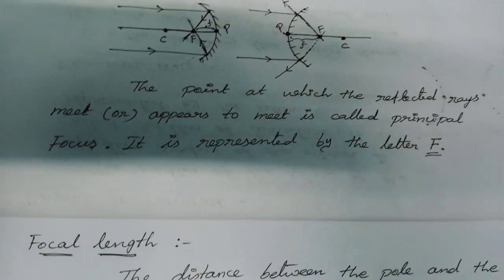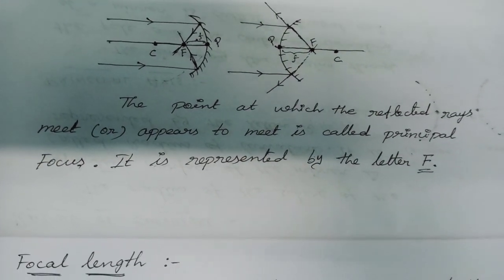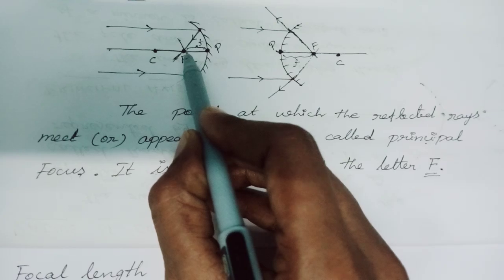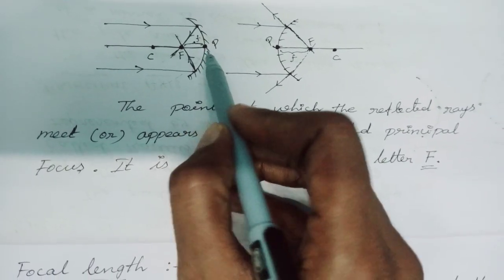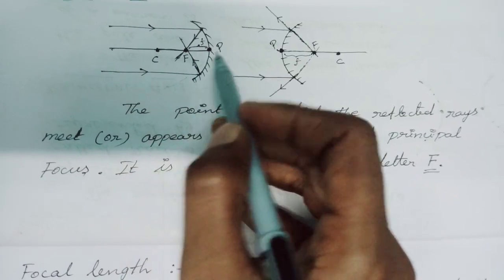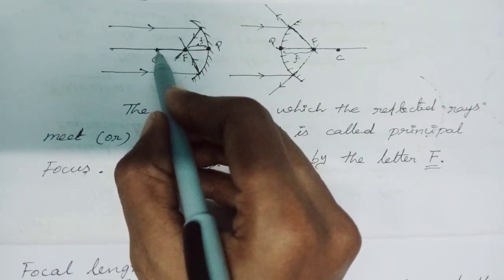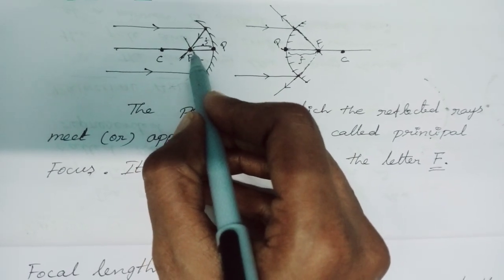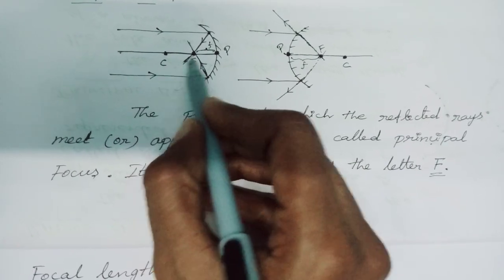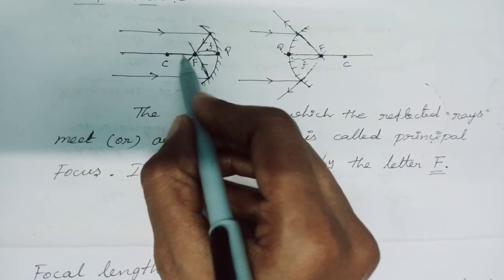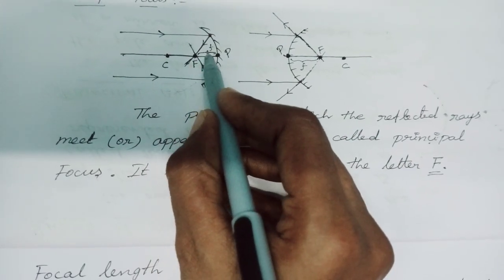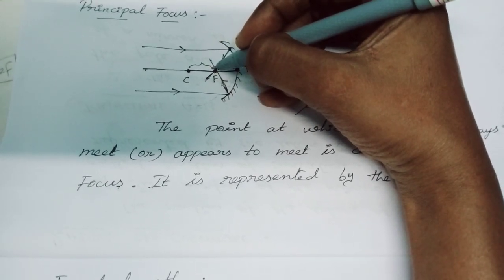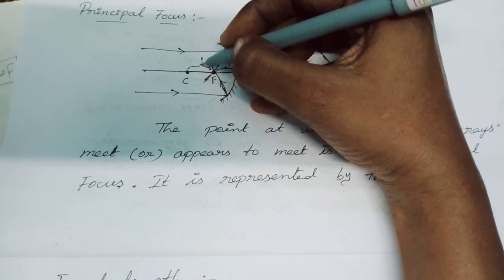Now from the diagram we can find a relation between the radius of curvature and the focal length. This distance is the focal length. Now from the diagram we can say that this distance is equal to this distance. It means the distance between F and P is equal to the distance between F and C. So if this distance is called the focal length, and this distance is also equal to the focal length, that is small f.